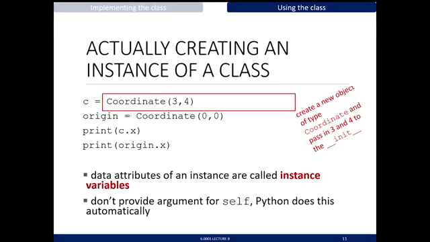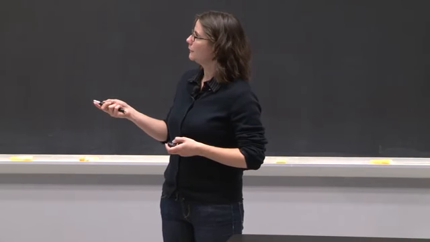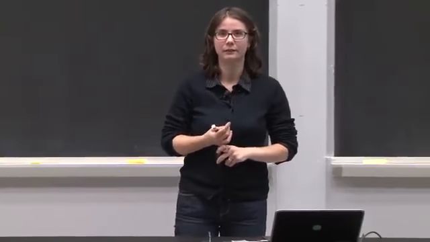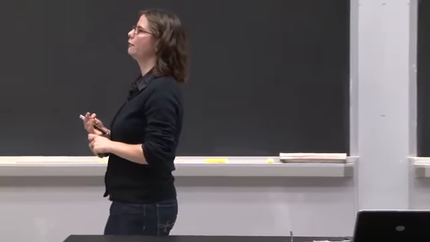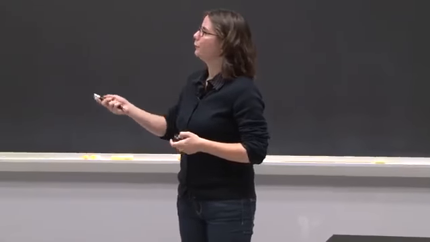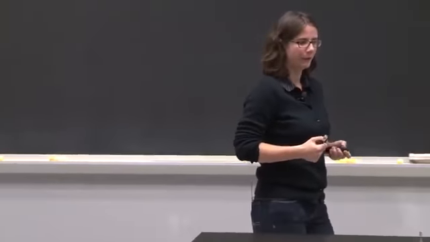So here, this is going to print 3 because the x value for object c is 3, and the next line, print origin.x, is going to print 0 because the x value for the object origin is 0. So we've created a coordinate object, we've defined the init method, so we have a way to create objects when we use the class, and then we can access the data attributes.